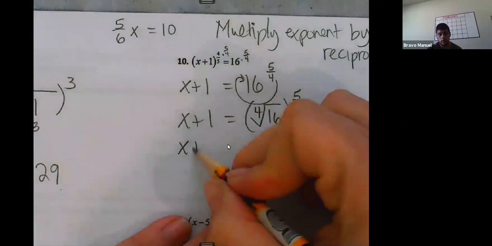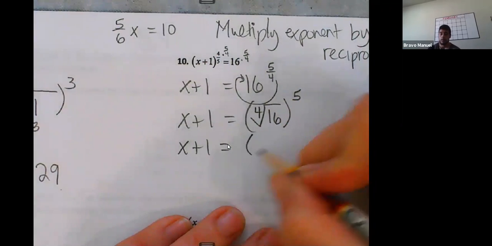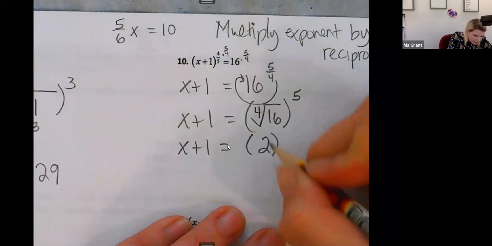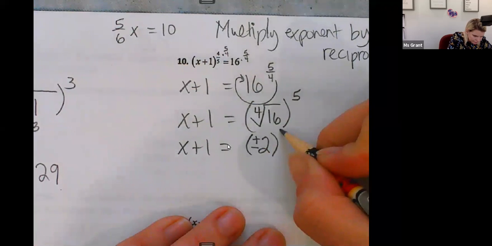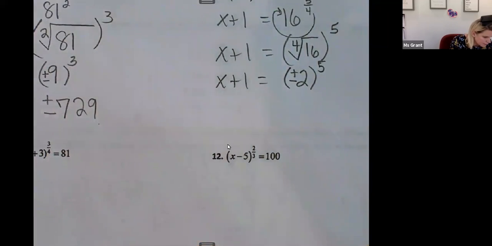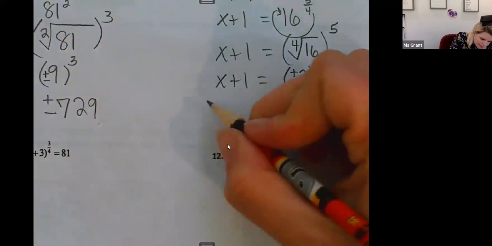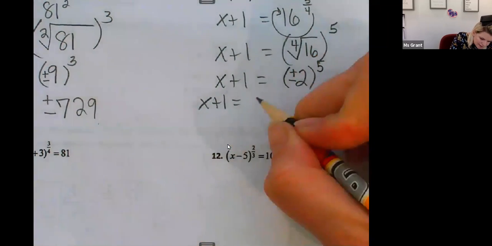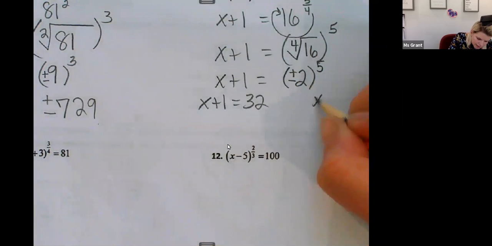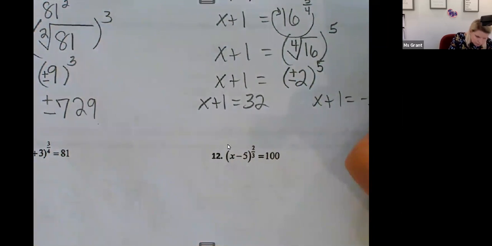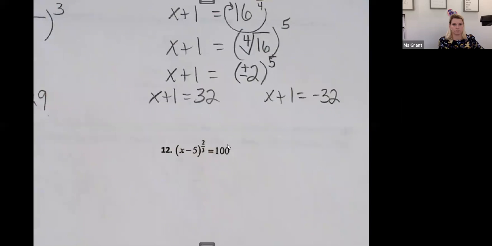Yeah. Now, because I've got an odd power, I'm going to do that plus or minus again. So, 2 to the 5th, by the way, I'm going to have x plus 1 equals positive 32. x plus 1 equals negative 32.